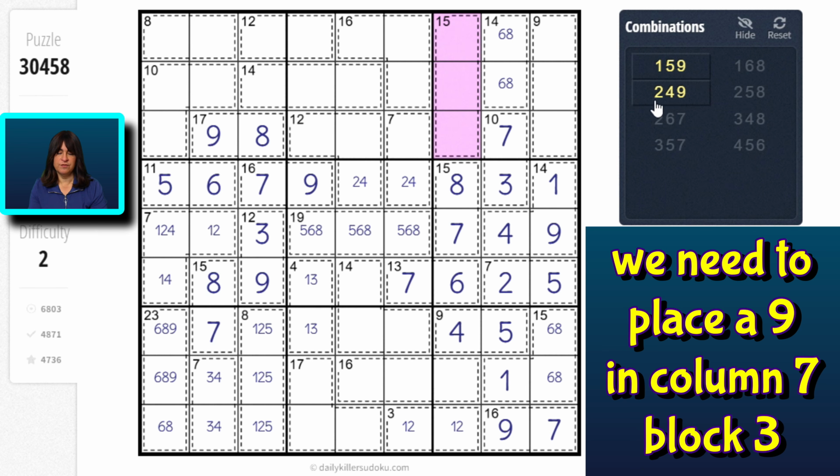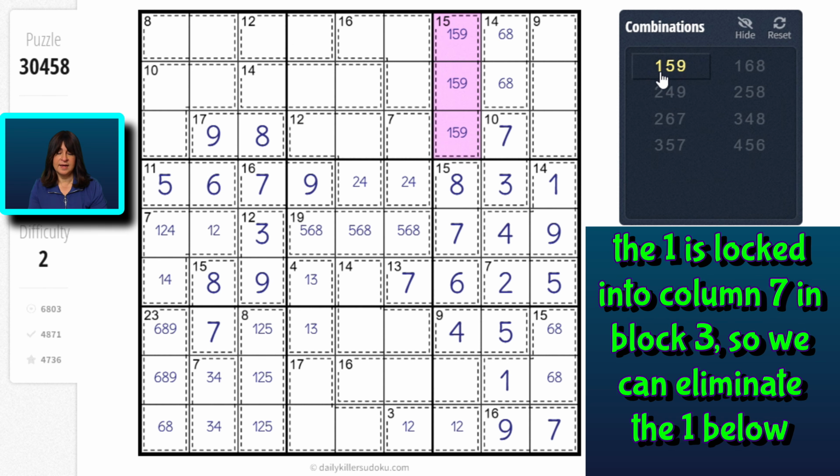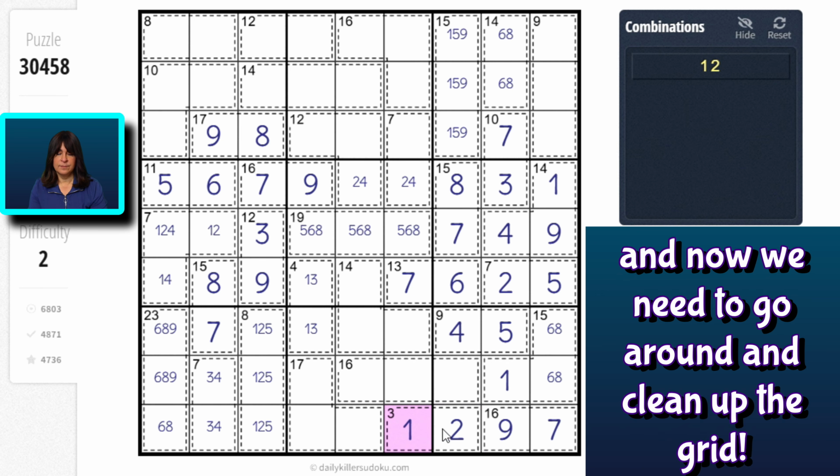And since there's already a 4 in the column, the only possible combination is the 1, 5, 9. And now that eliminates this 1 down here. So this is a 2, and this is a 1. And that means this can't be a 1 or a 2, so it's a 5. And that eliminates the 5 from these cells.